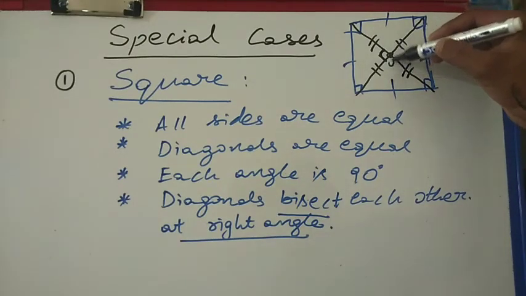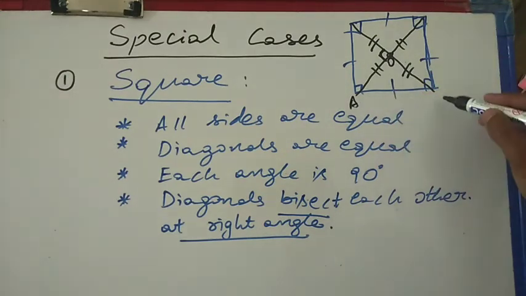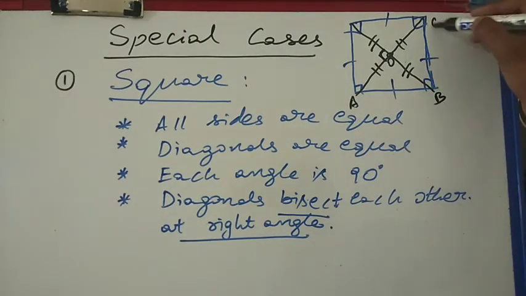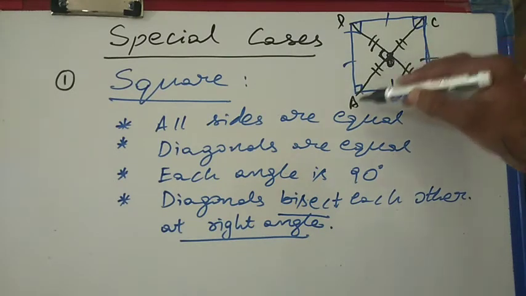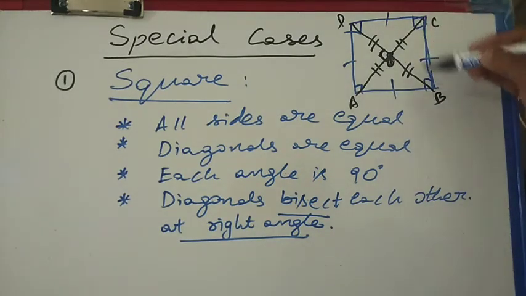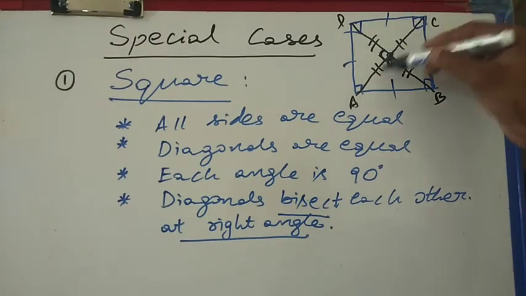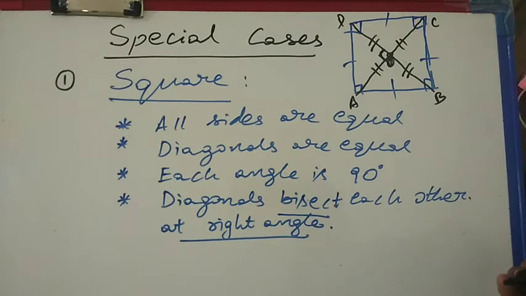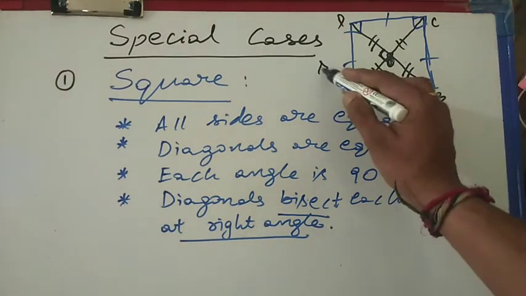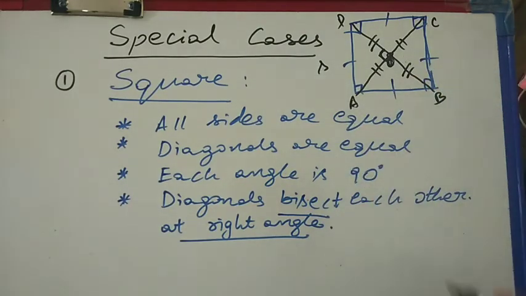So, if I say this square ABCD and the point of intersection of diagonals AC and BD as O, here OD is equals to OA is equals to OB equals to OC. So, with this even you can use Pythagoras theorem and find the relation between side to the half of diagonal.